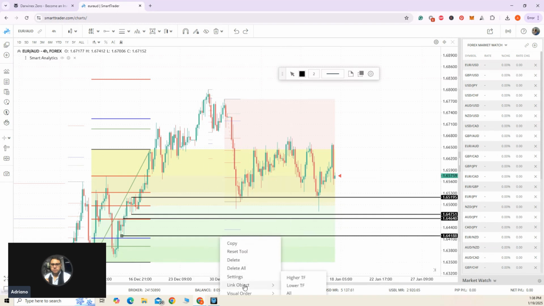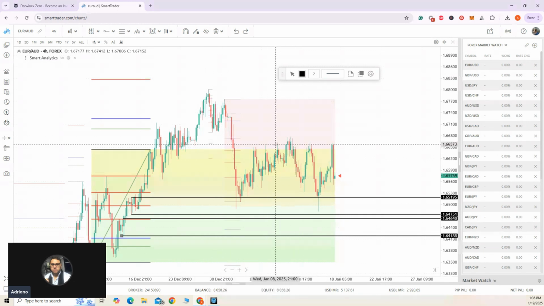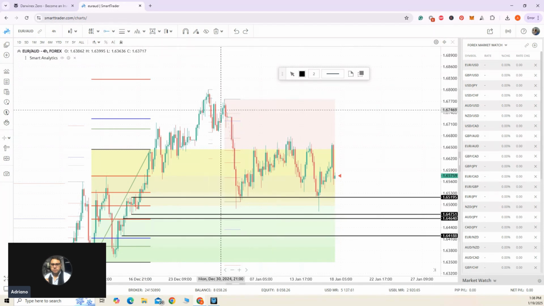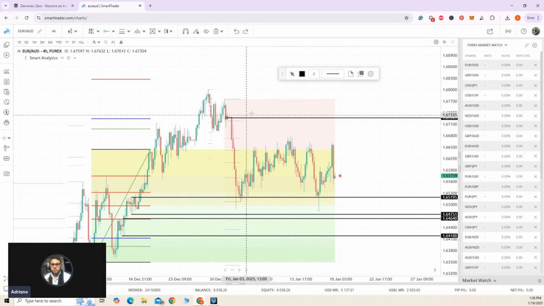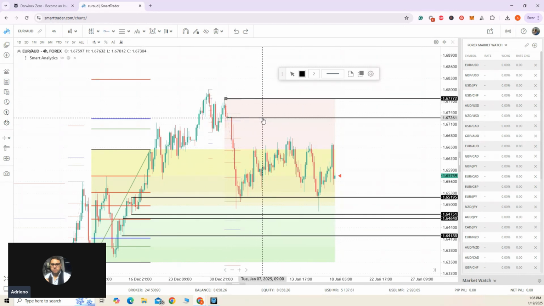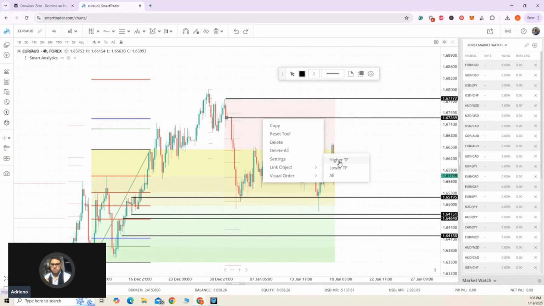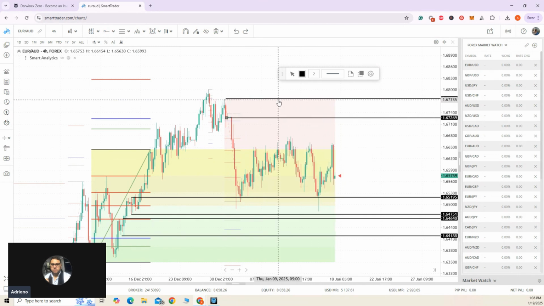Do the same thing with this one here. Link it up. And now let's mark some supply zones. So I have this one here. Let's send this to my daily chart.